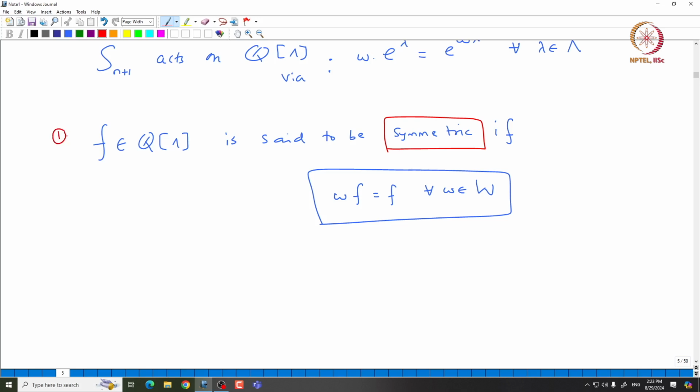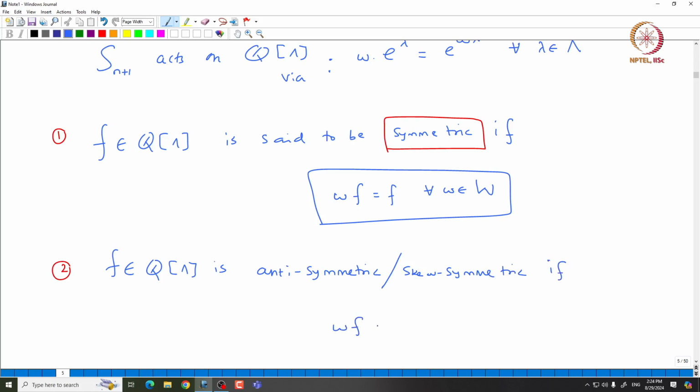So, this is definition 1, and now definition 2. So, f in Q bracket lambda is said to be anti-symmetric or skew symmetric if when you apply W on f you get the sign of W times f for all W in W. So, W is nothing but Sn plus 1.